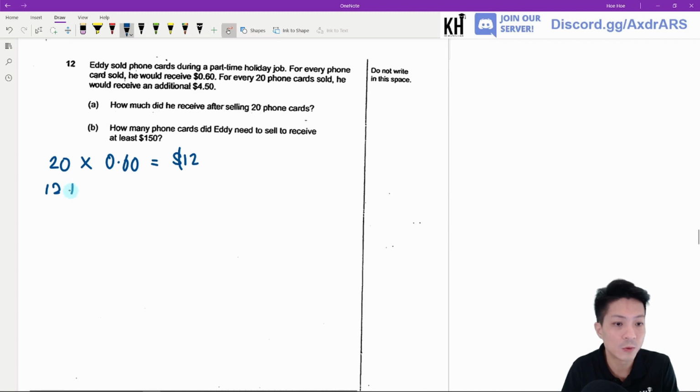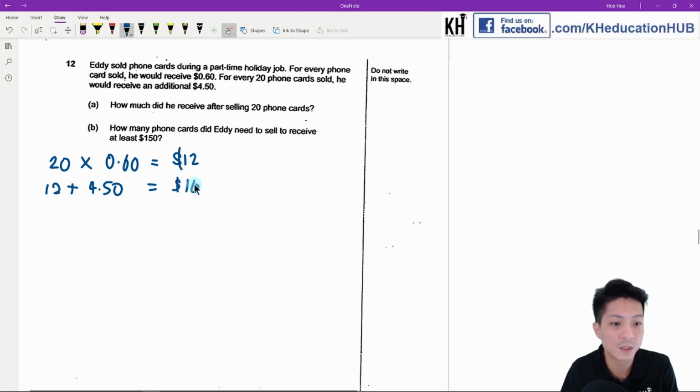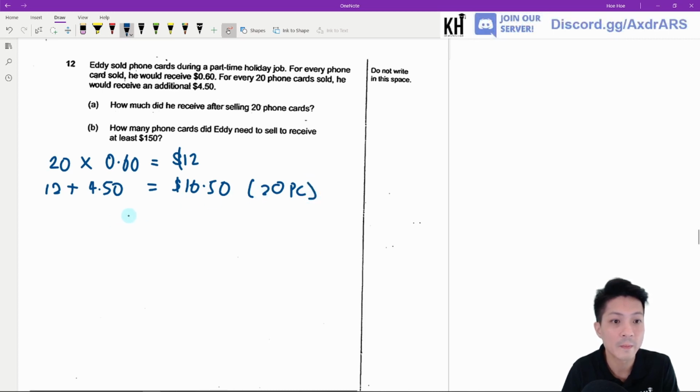Okay, apart from this $12, he's gonna receive an addition of $4.50. So altogether, he's gonna earn $16.50. Okay, this is for selling 20 phone cards. So this is the answer for part A.